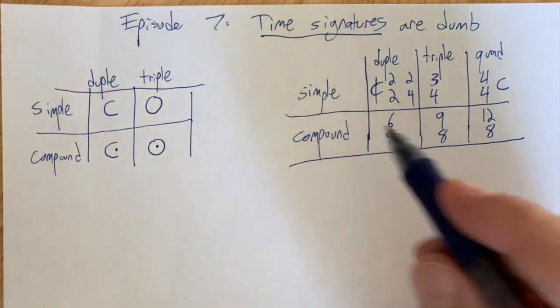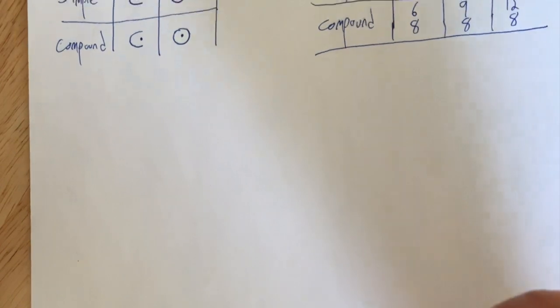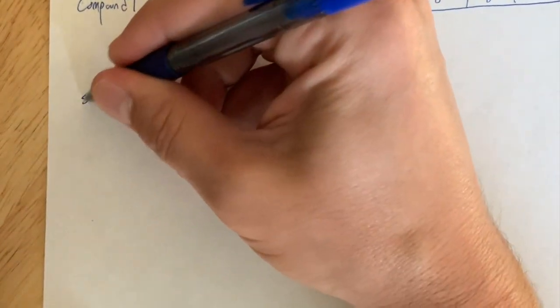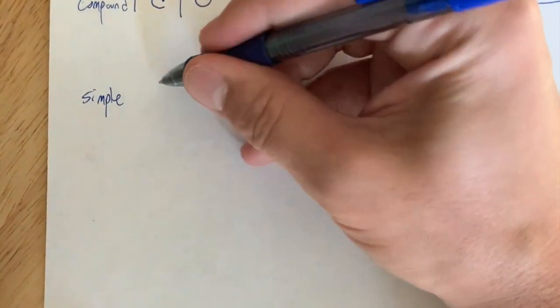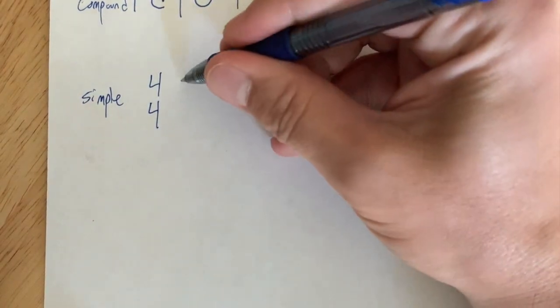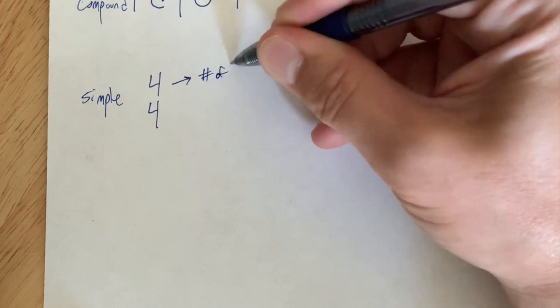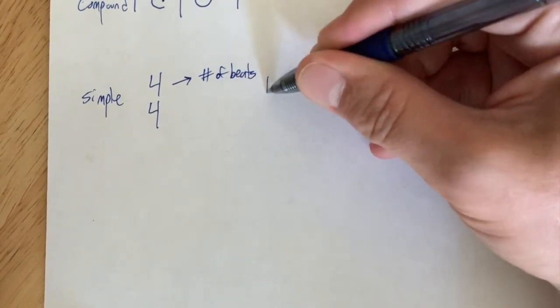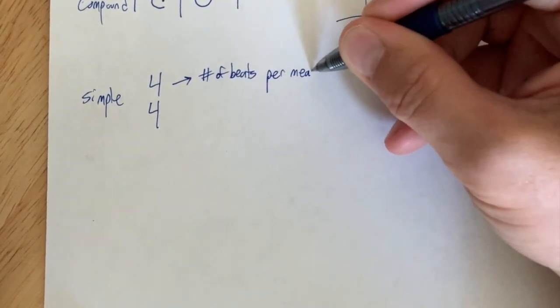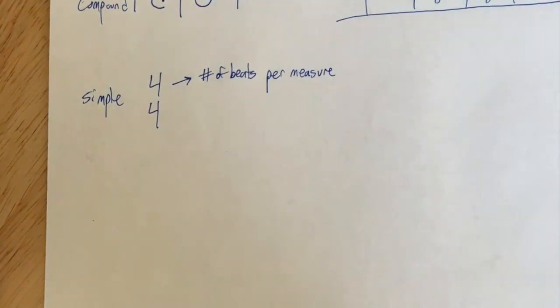When you take your simple meters, let's start with the most common meter, 4/4. The top number is how many beats are in each measure. Simple enough.